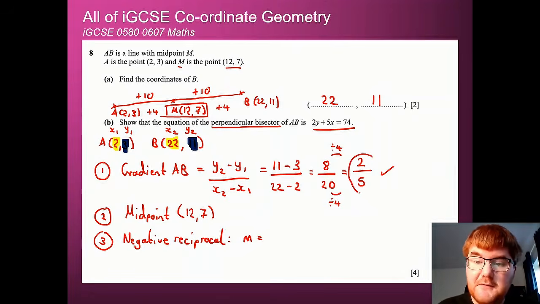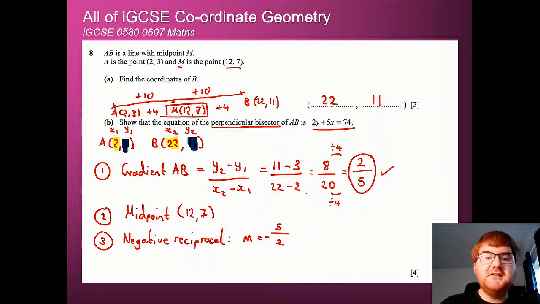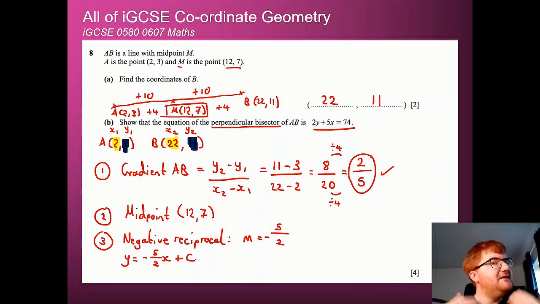So we take the 2/5, flip the fraction, which gives us 5 over 2, and then make it negative. That gives us the gradient of the perpendicular bisector. So y is equal to minus 5 over 2x plus c. Very similar to how we did that kite question earlier.